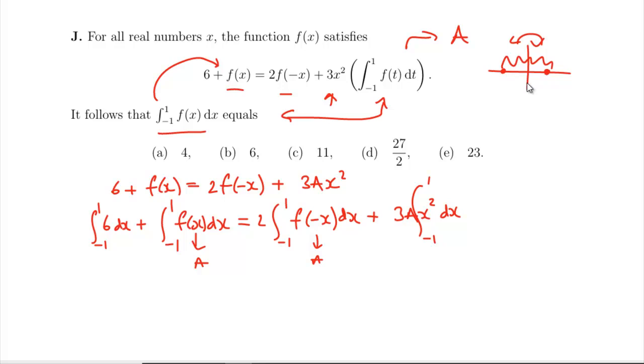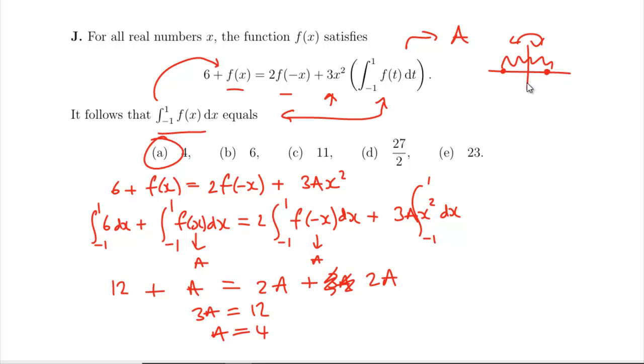This is going to be 6x, so that would be 12, plus a equals 2a plus 3a times the integral of this, which is then going to be x cubed over 3. So we've got a third, we've got 2/3. I'll multiply by the 3, so that becomes 2a. So we've got 4a, 3a is 12, and a is equal to 4, which at least is one of the answers. Right, okay. That worked out a little bit better than it could have done.